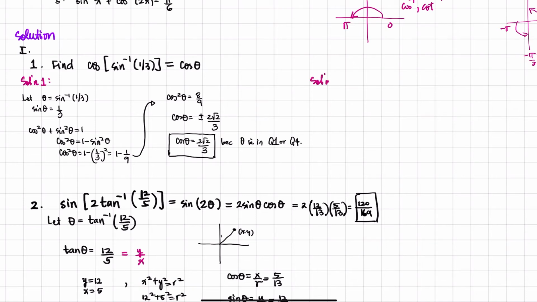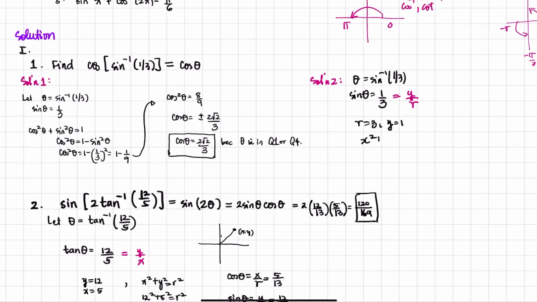I-XYR method natin to. So, alam natin that theta is sine inverse 1/3. Sine theta is 1/3. But we know that sine is y over r. R is positive, r is 3, y is 1.